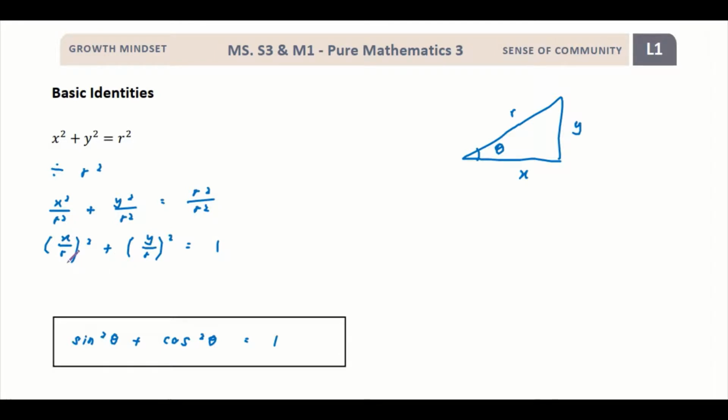So x over r is cos, right? Then y over r is sine, then equals to 1. So this is how we get to our first basic identity.